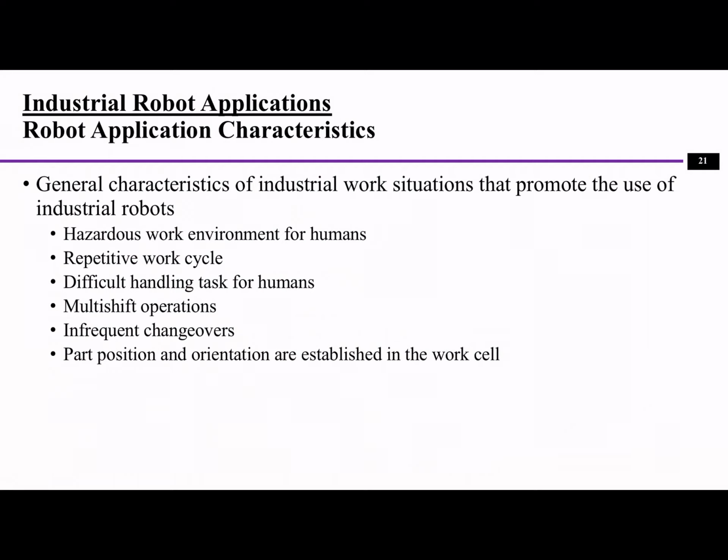And as we mentioned at the beginning, and now we can see in those applications, those industrial robots are typically used in environments that have some safety concerns or hazardous working conditions, or for simple jobs that require a lot of repetitive work cycles, which are difficult to handle by humans. In all these applications, it's better to use an industrial robot instead of a human being.